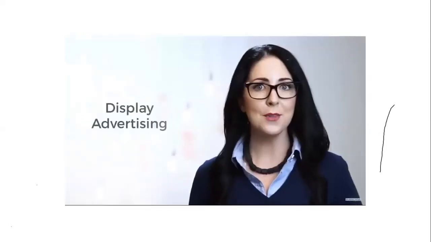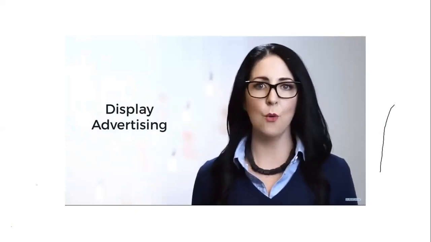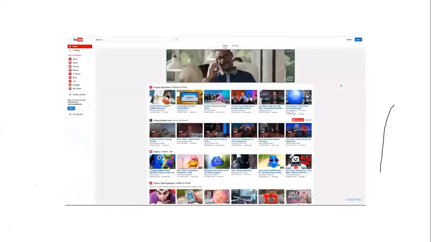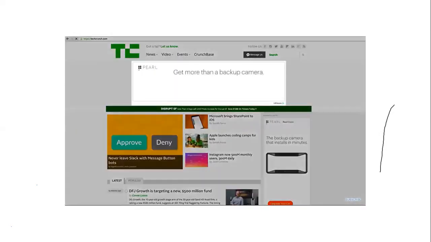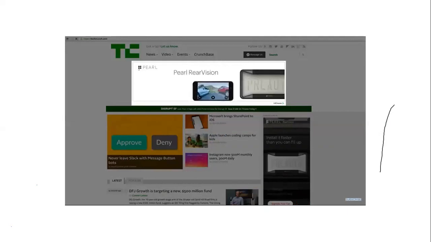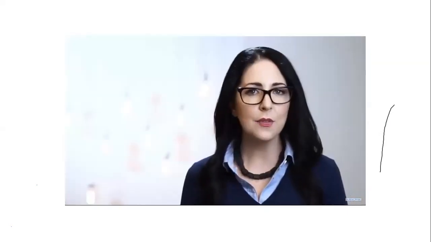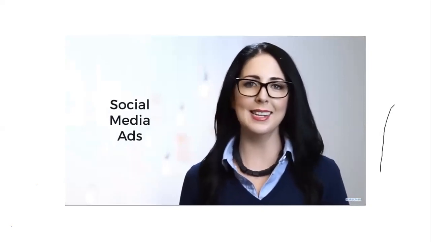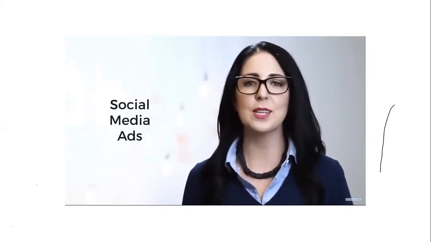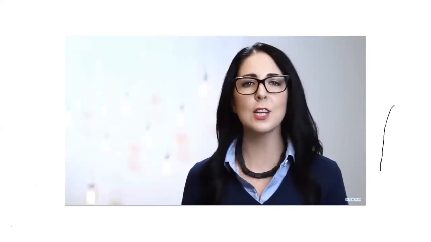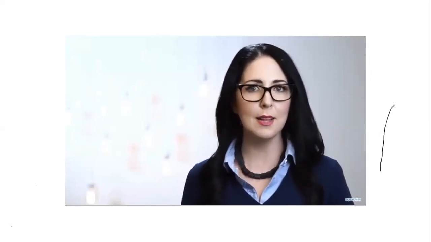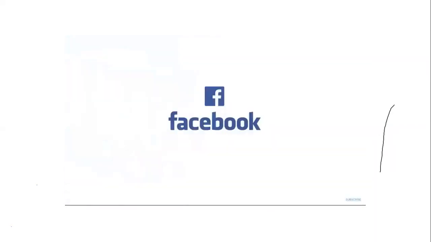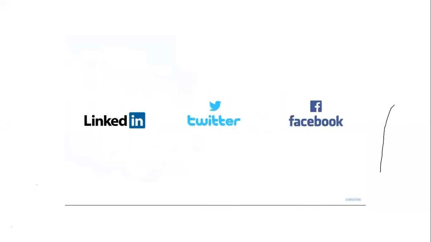A third model is display advertising or third-party display advertising. These are ads you create and pay to have displayed on other site properties. The last significant way to promote your page are social media ads. The best reason for using social media ads is to connect with potential customers in places they already hang out, like Facebook, Twitter, and LinkedIn.